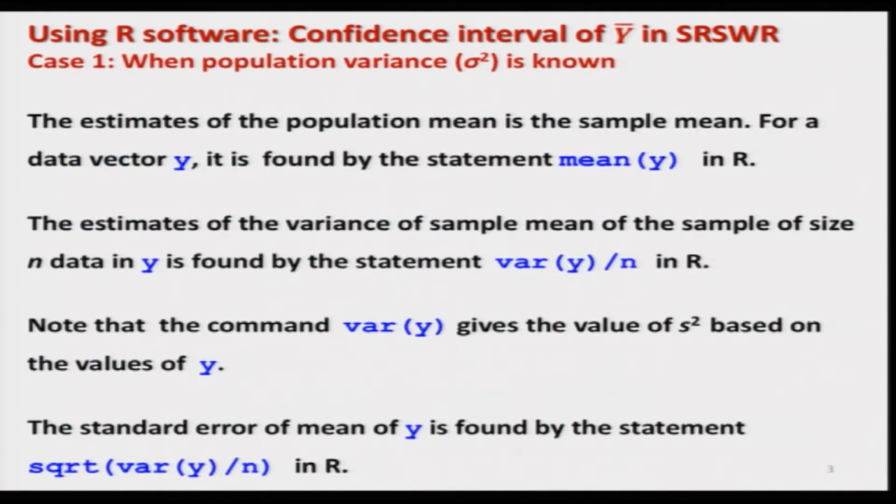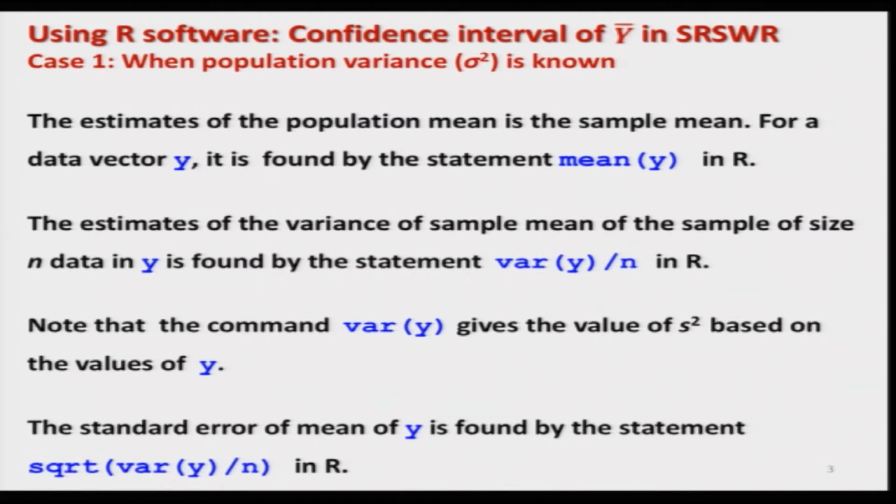Now I will take the first case, when the population variance sigma square is known. As far as estimation of the population mean by the sample arithmetic mean is concerned, it will not make any difference.